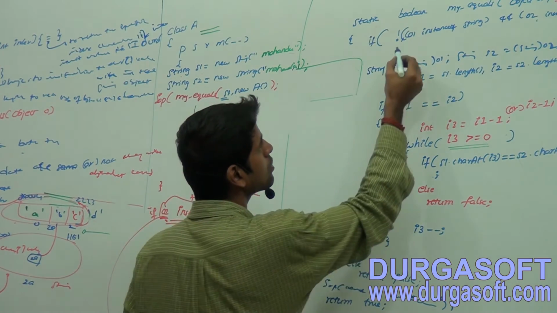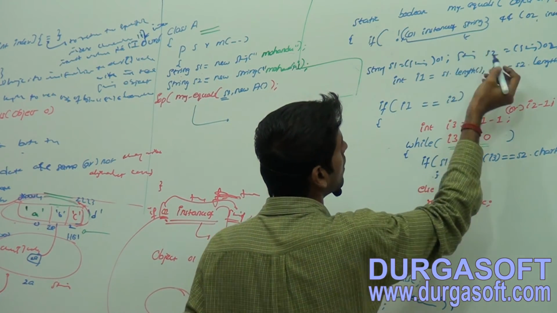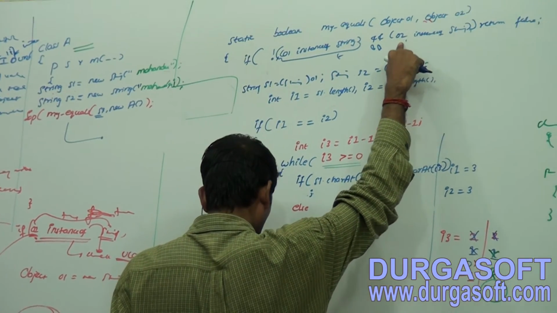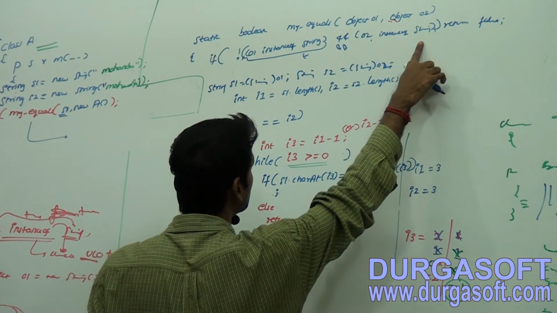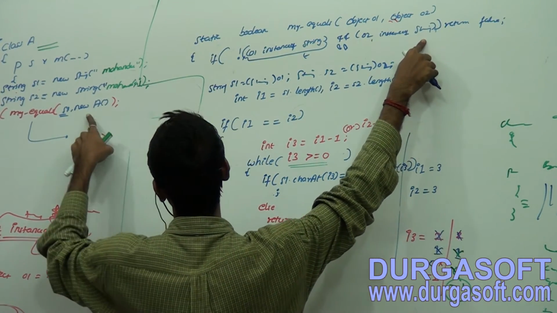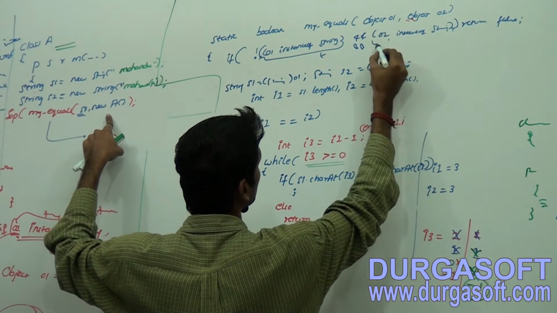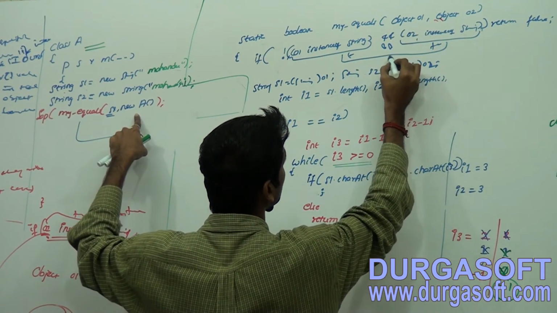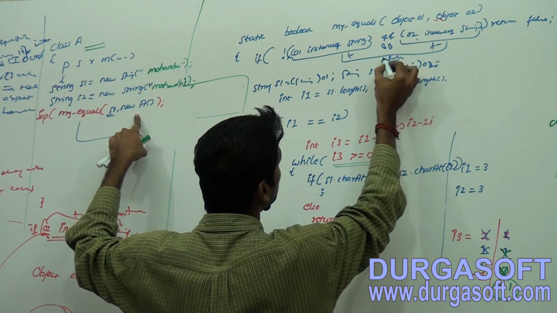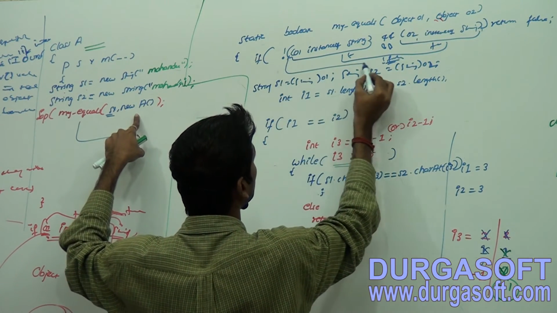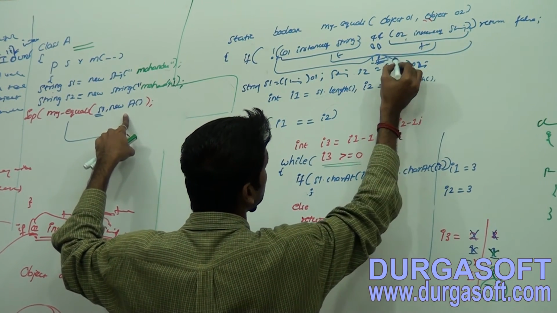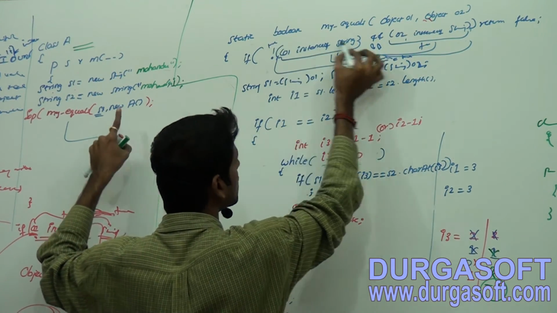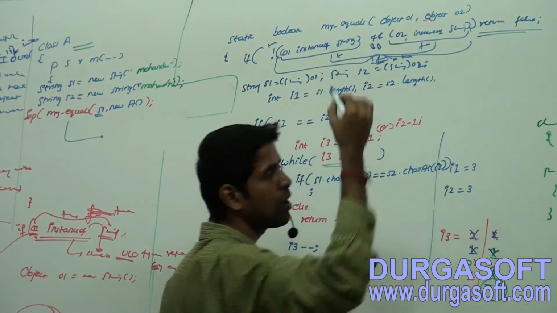Yes, it will be what? True. And O2 instance of string. Does O2's underlying object refer to a string? No, it is what? A. So it will be what? False. True, false is what, friends? False only. Now perform Boolean complement to this one. It will become what? True. Getting? So true means what? It will execute this statement, returning false.